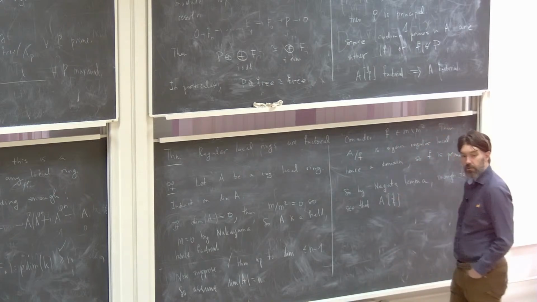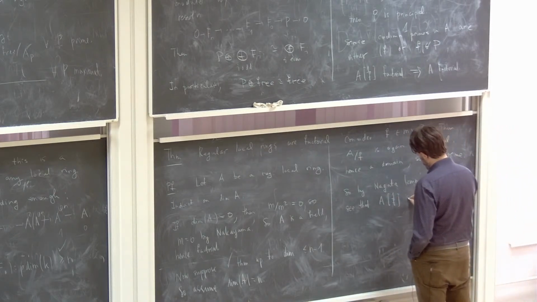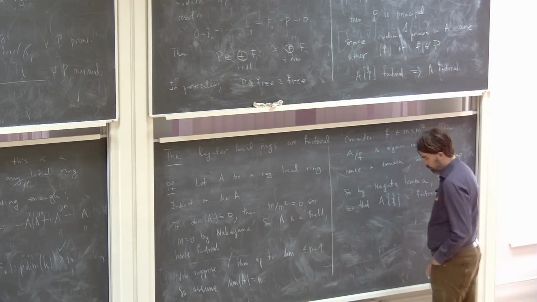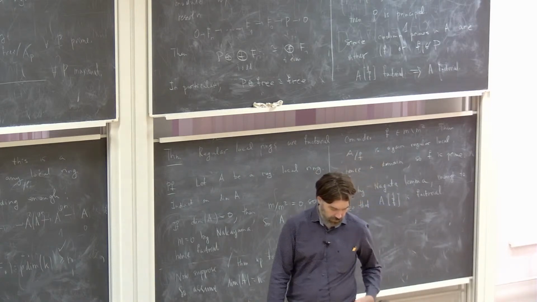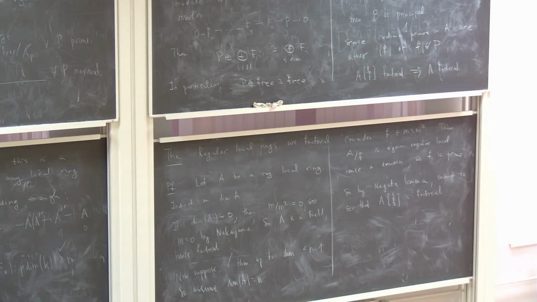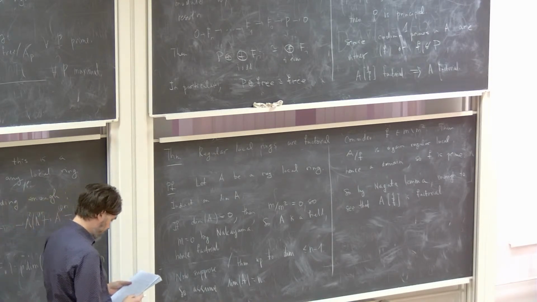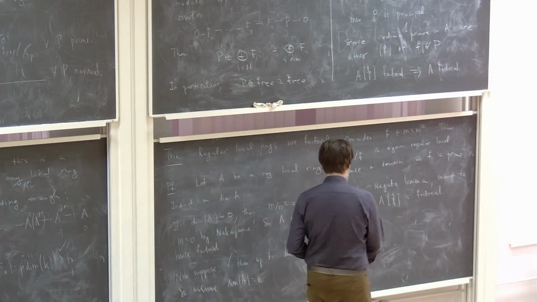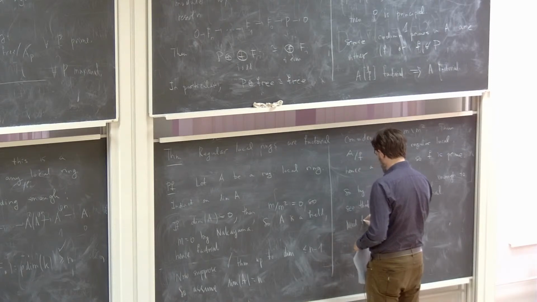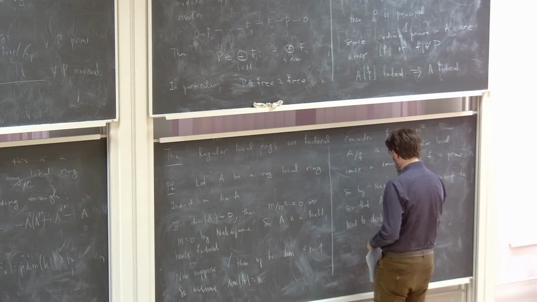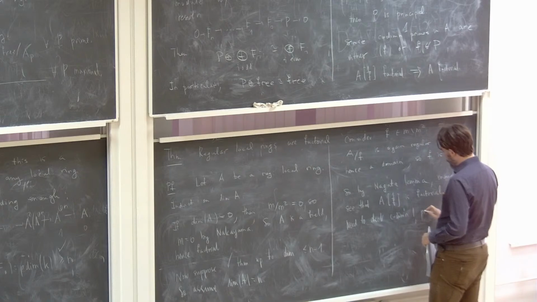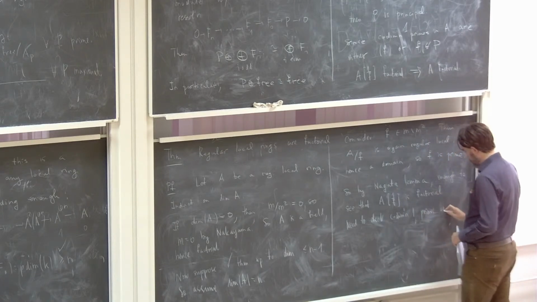This will imply A is factorial. And so we're going to study codimension 1 primes in this localization. So let's check. We need to check codimension 1 primes here are principal.